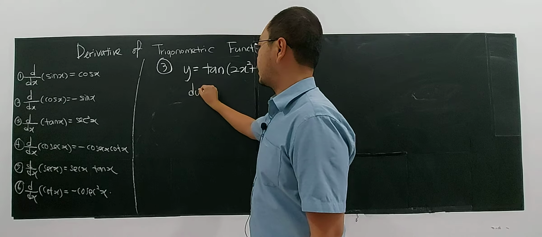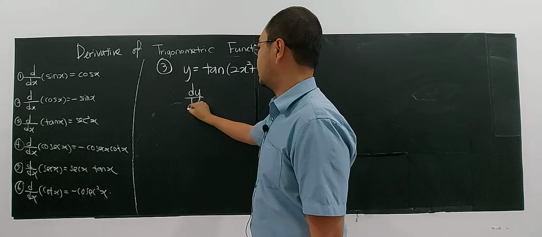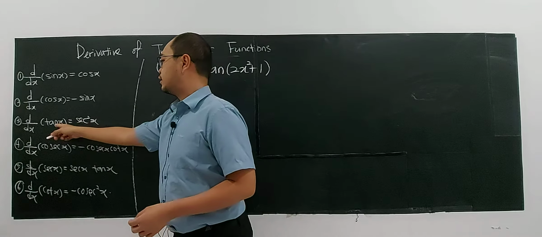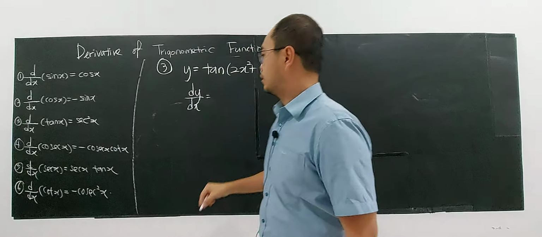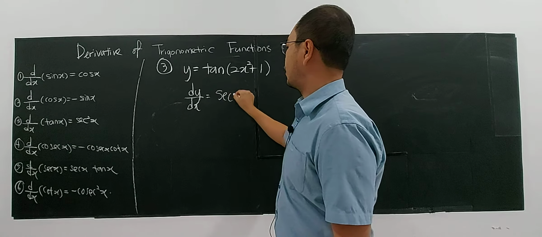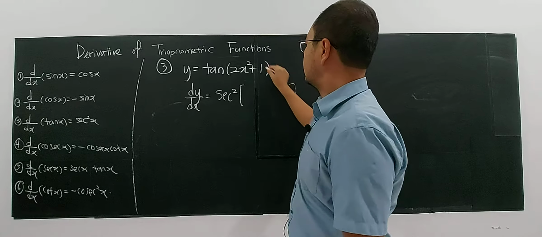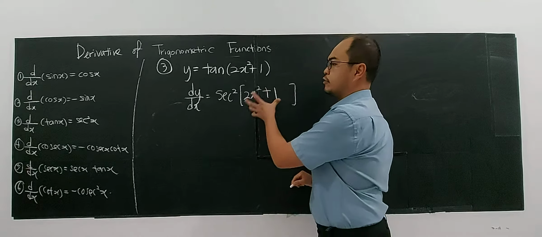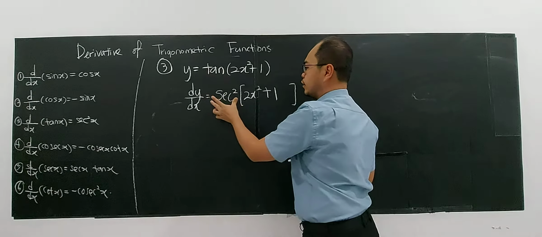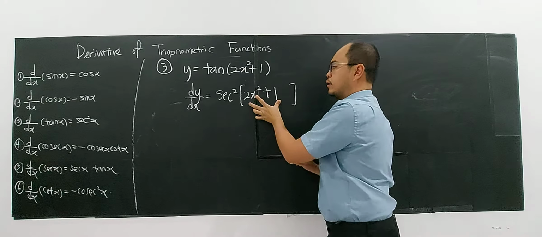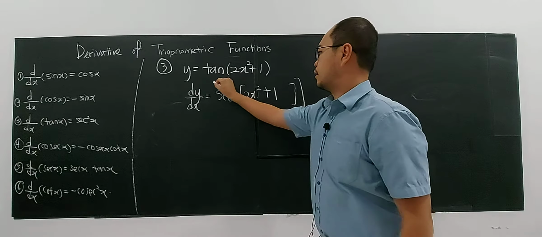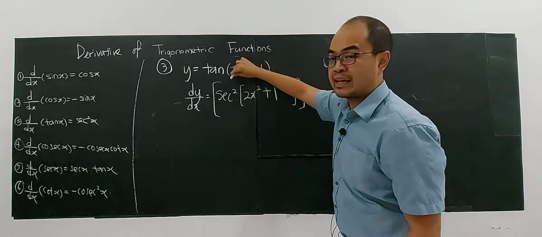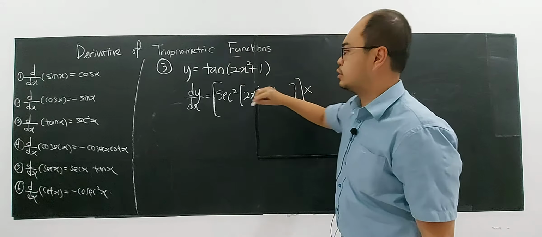So I need dy/dx, and of course I need this formula. Based on this formula, differentiating tangent is secant square x. But this is not x, this is a function, the angle 2x squared plus 1. First step, differentiating tangent, you get secant square, and the angle follows back. It's not the end yet: everything has to be multiplied with the differential of the function inside the tangent.